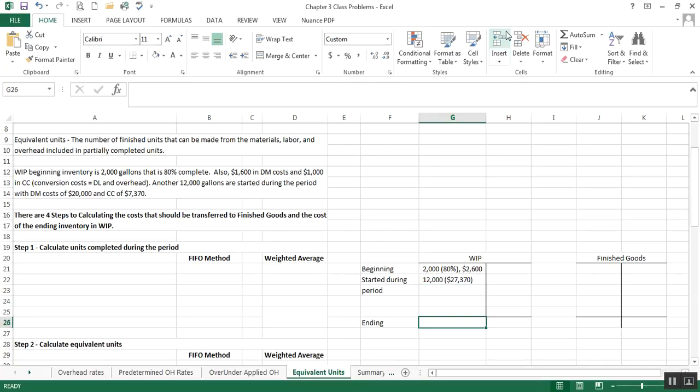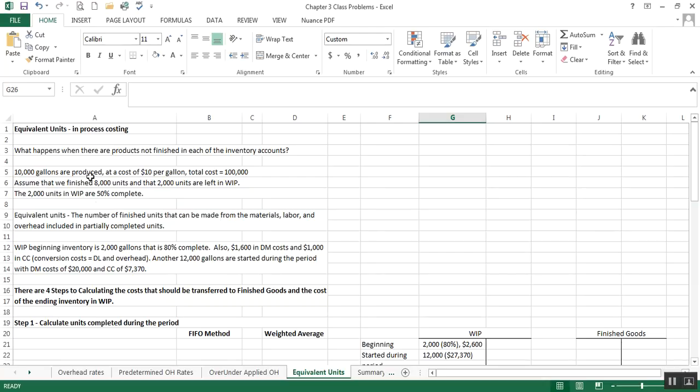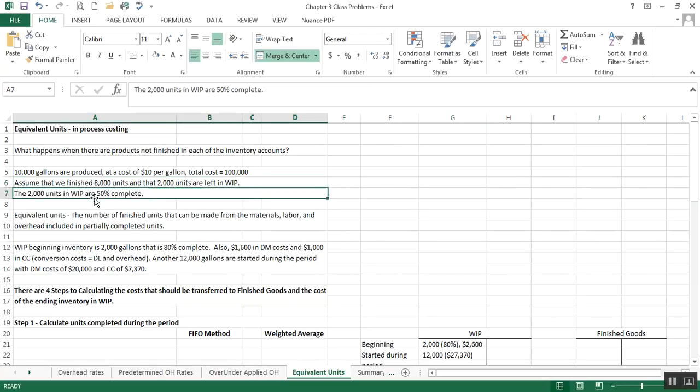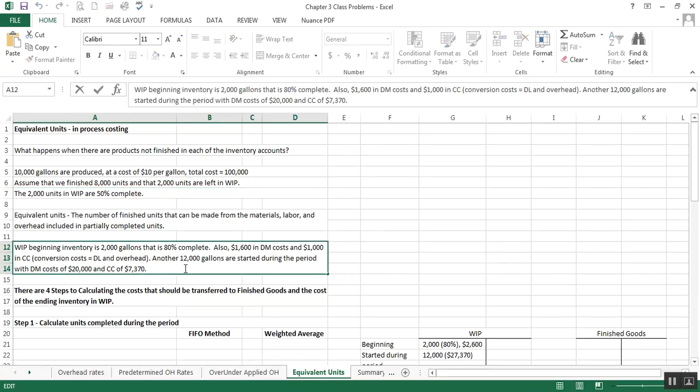And then it tells us that for ending inventory, we have 2,000 units at 50% completed. Okay, so ending inventory is 2,000 units.